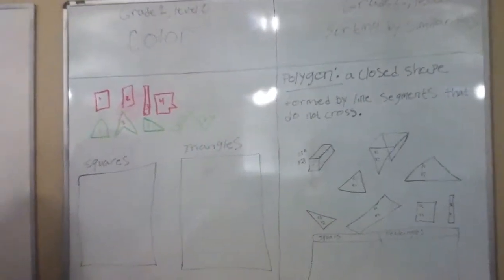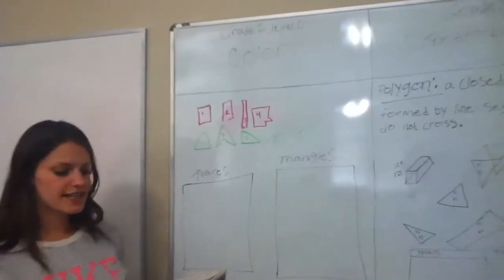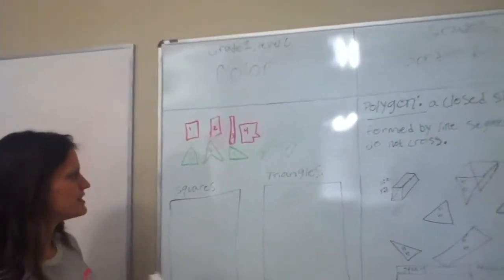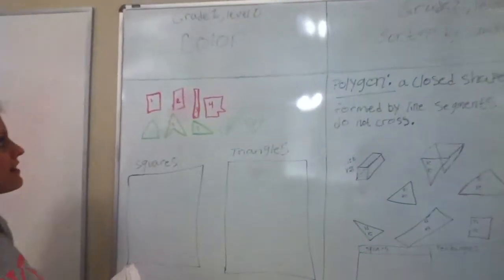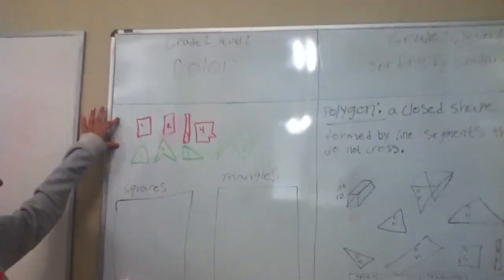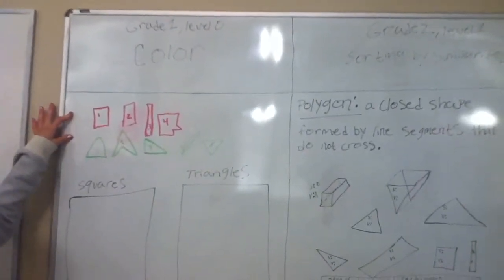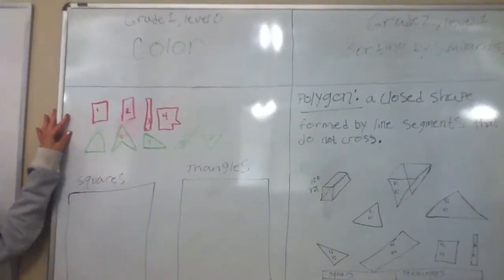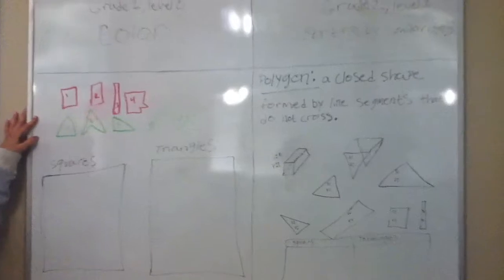For elementary students, the Van Hiele levels consist of levels 0, 1, and 2. The level that I will be explaining first is level 0, which is visualization. At this level, the student should be able to classify a shape by noticing its appearance.